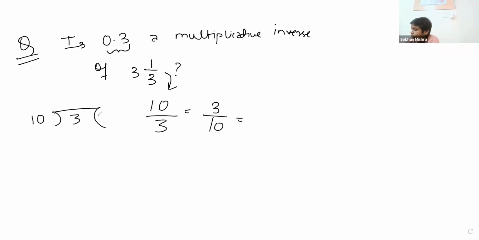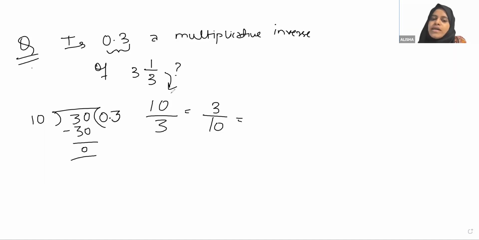First 0, okay, 0. And then a point. Yeah, the point and then the 0 will come after 3. And then 10 3s are 30. You want me to write 3 here? Yeah. And then down 30, so I got 0 as the remainder.